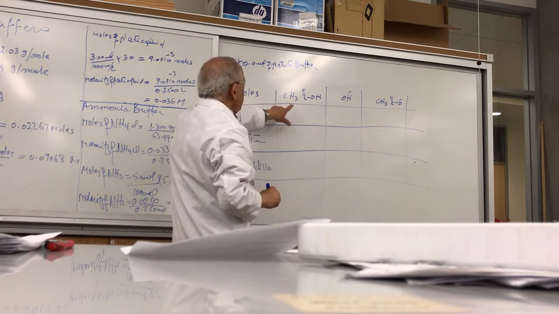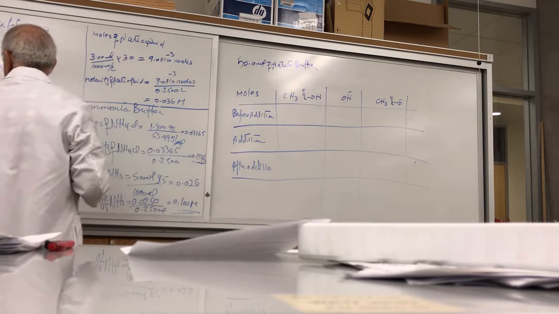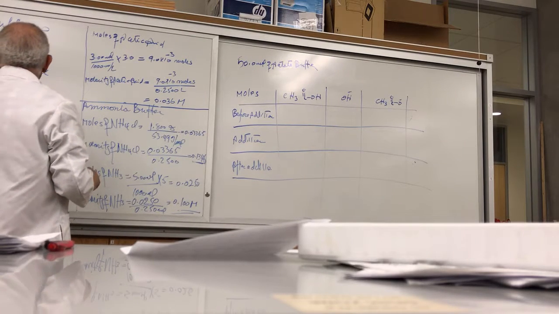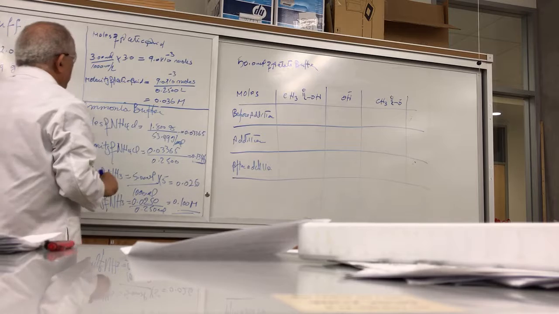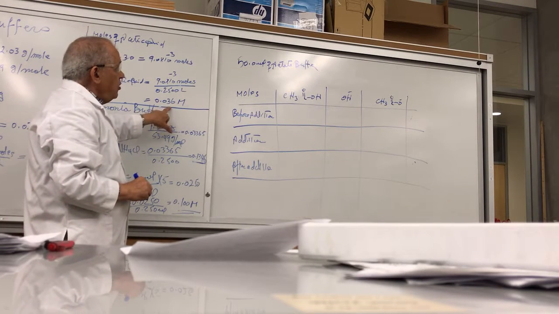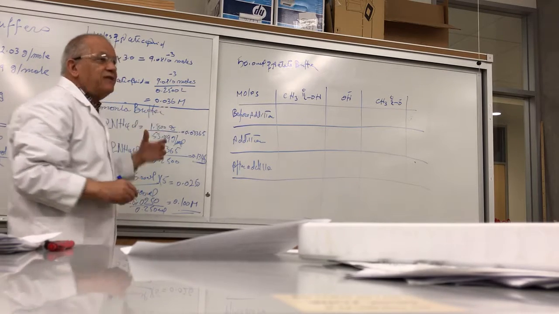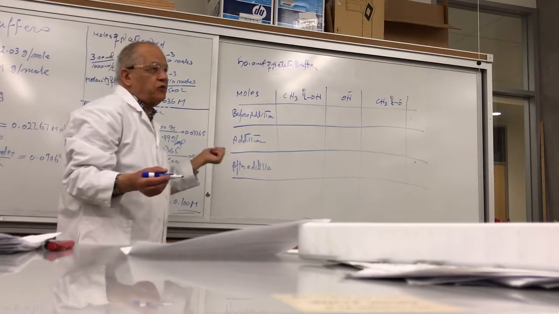The molarity of acetic acid here, what is the molarity of acetic acid? 0.036. Okay, so the molarity of acetic acid is 0.036. To find the number of moles in 50 milliliter, what do you do?